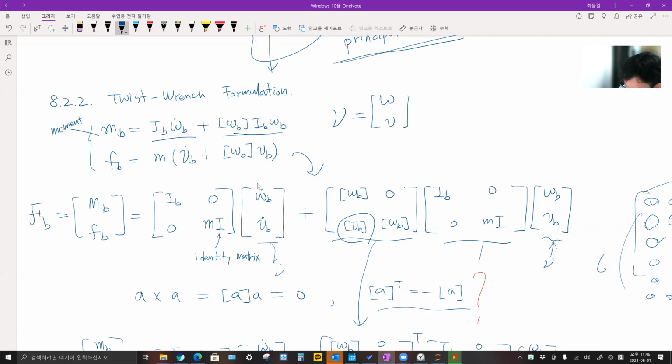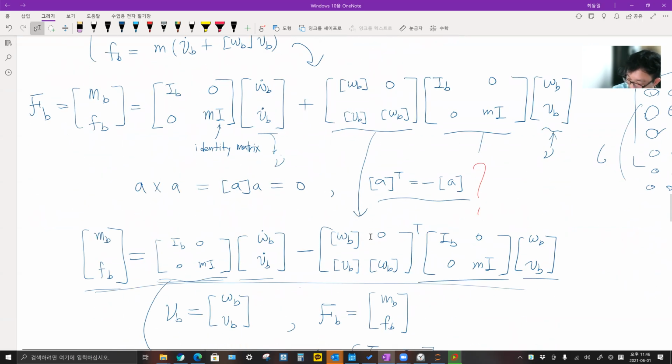Actually, this VB skew symmetric is not necessarily needed, because when we calculate this one, it is not important. But the reason we describe it like this I will explain later.